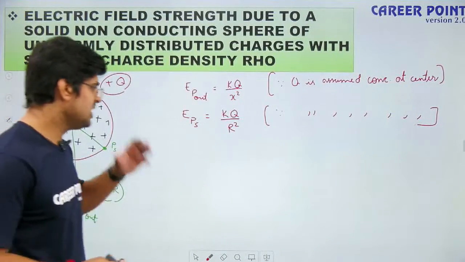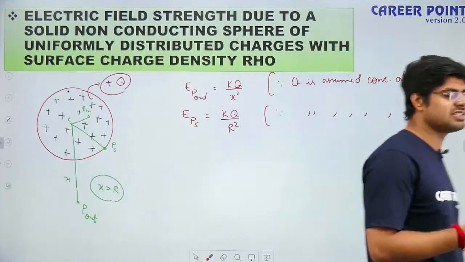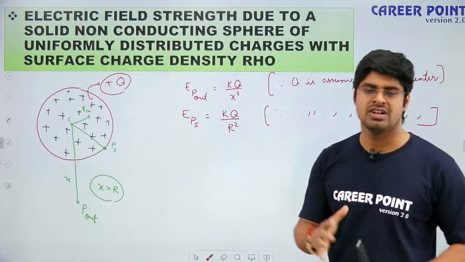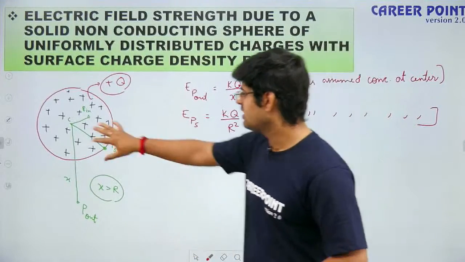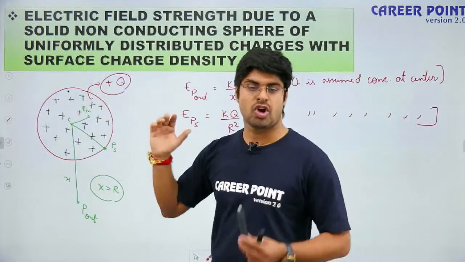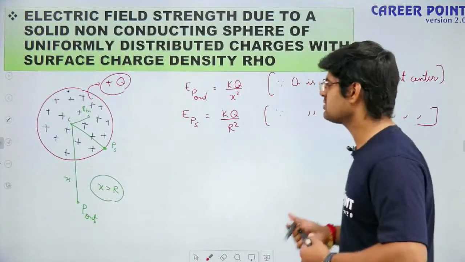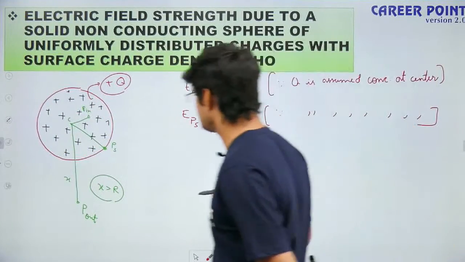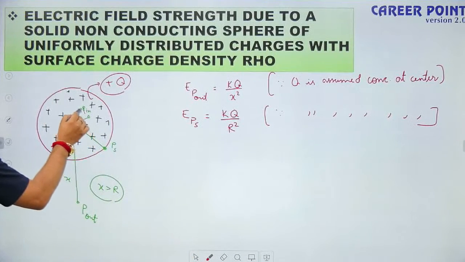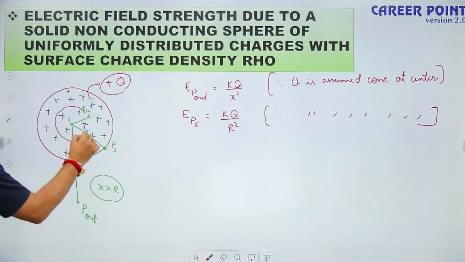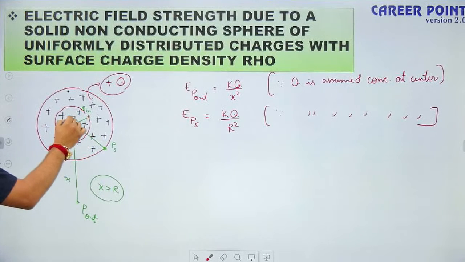Now this will be the significant change as compared to the spherical shell. In the spherical shell there was no charge present inside, but in this case the charge is distributed all over its volume. So what I will do is make a sphere inside, with radius equal to the distance of the inside point P from the center.